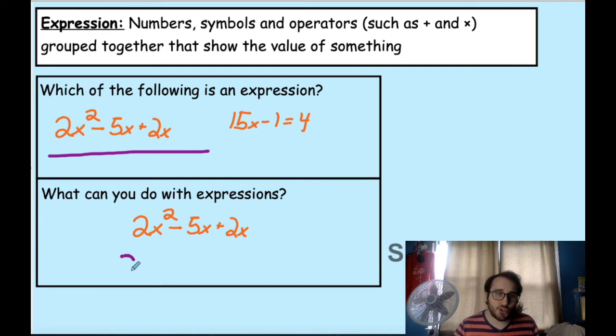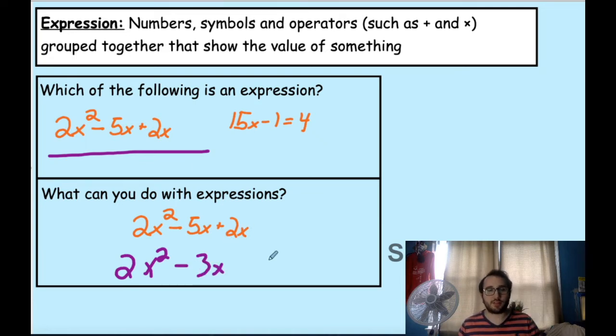So we have 2x squared, but negative 5x plus 2x, you can combine that, right? If I have two things and I take away 5, I actually have a negative amount of things. So with expressions, you can combine like terms. Now again, there's a lot of things I'm skipping. There are different ways you can combine like terms, but we're going to keep it just like this for now.